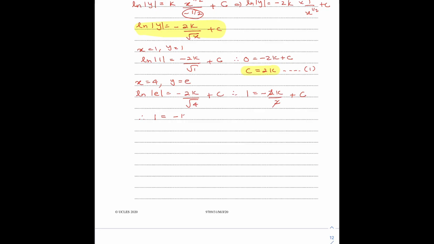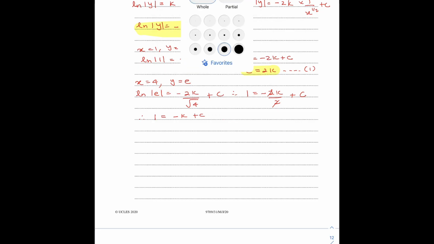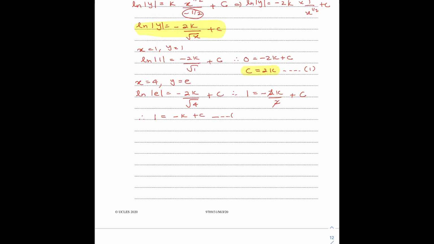So therefore 1 equals negative 2k times square root of 4, which is 2, plus c. So I'm getting 1 equals negative 4k plus c, right? Now from 1, that's equation 2 now.